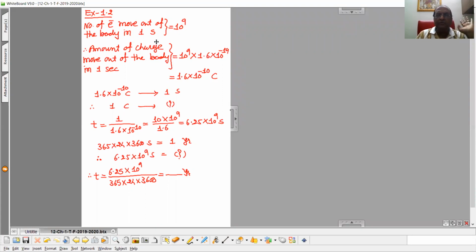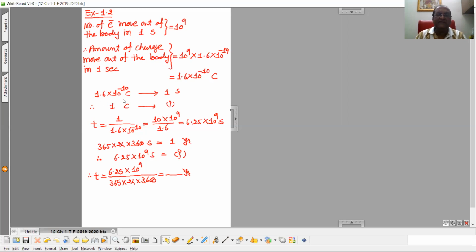That is given to you. So the amount of charge moving out of the body in 1 second is 10 raised to 9 electrons, and per electron that is 1.6 into 10 raised to minus 19. It implies that per second the charge moving out of the body is 1.6 into 10 raised to minus 10 coulomb.